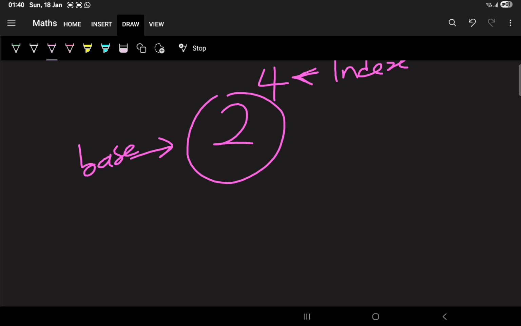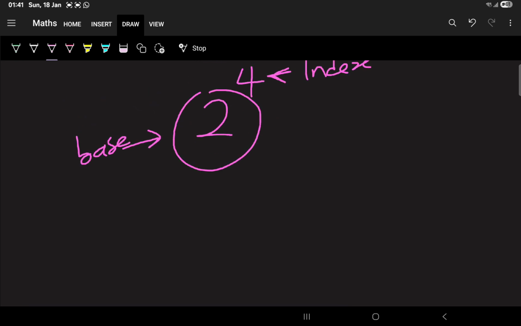Now, what is the base? The base is the main number or variable being multiplied, while the index, power, or exponent is a small number showing the number of repetitions. This can be expressed as 2 times 2 times 2 times 2. We know this is repeated 4 times because of the index or exponent.